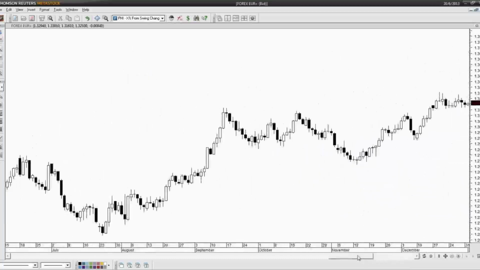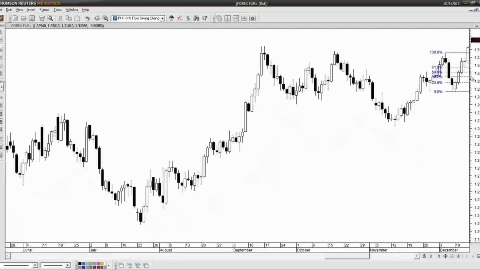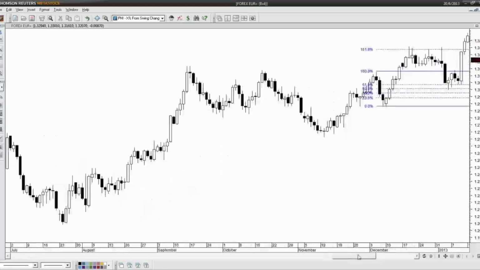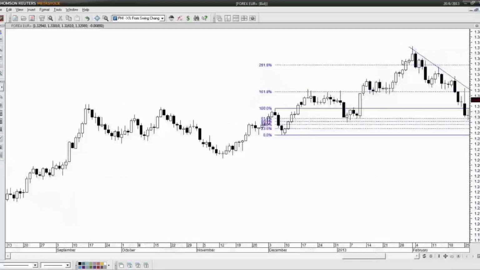Now if we go to the previous swing that we had down here, we can put our Fibonacci from here to here to see where the market is expected to find resistance. You see what happens at the 161, and when the market reaches the 261 of this movement.